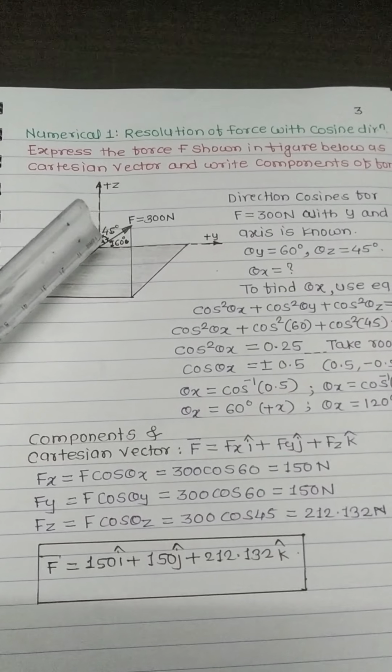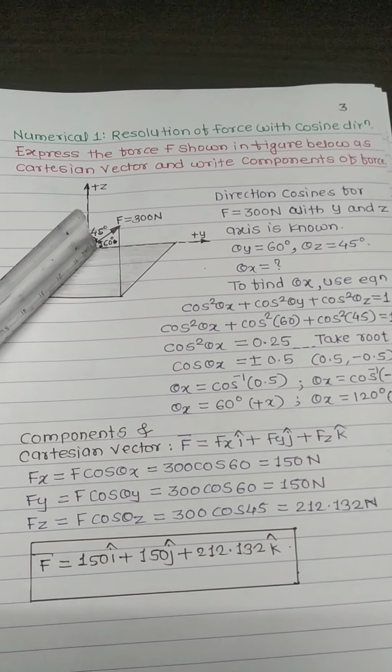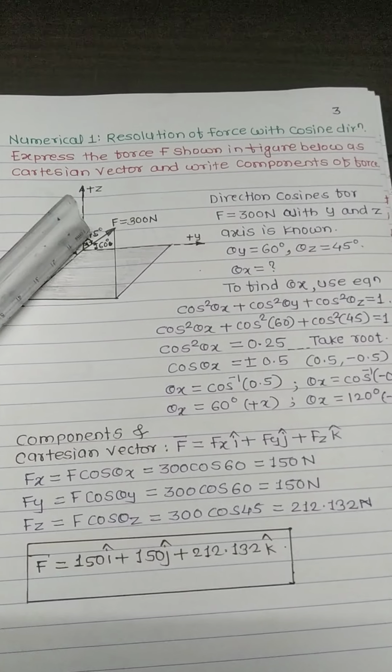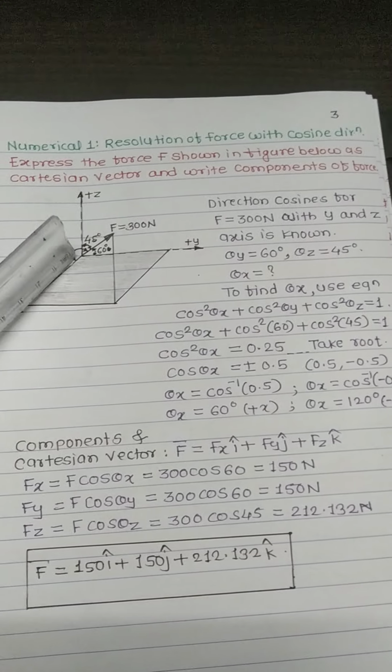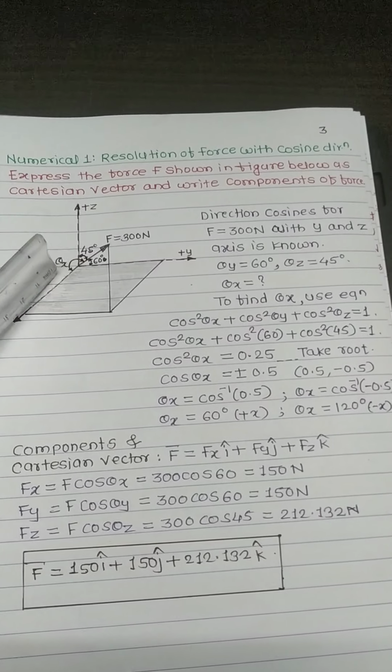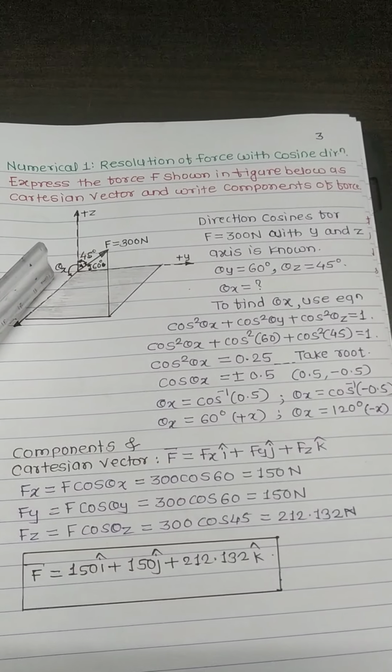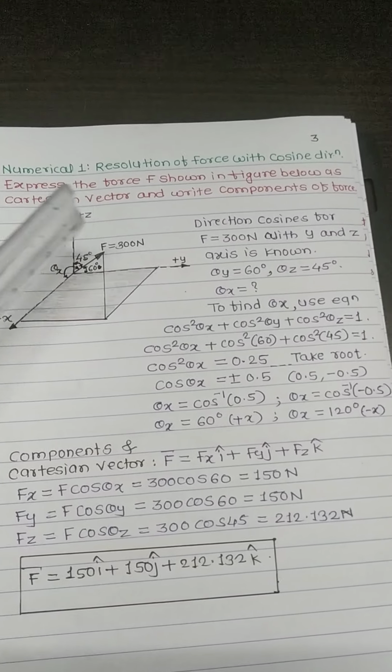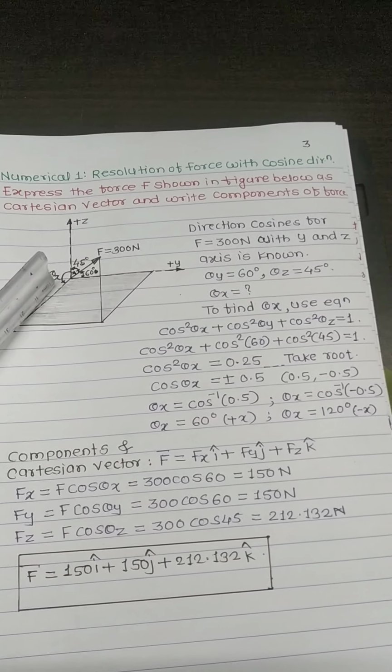Theta y is 60 degree, theta z is 45 degree and theta x is unknown. We need to find theta x first because we have to express this vector in Cartesian coordinate system.